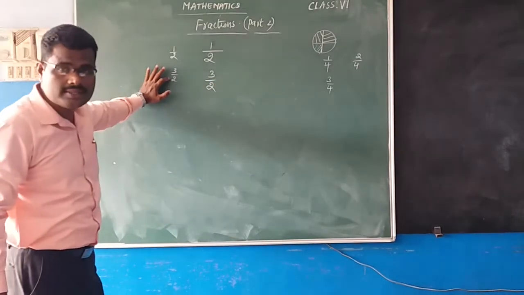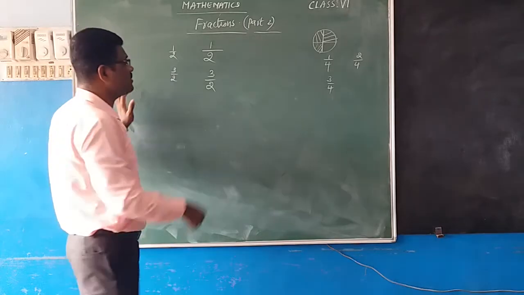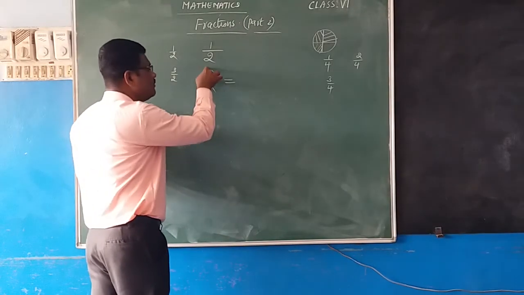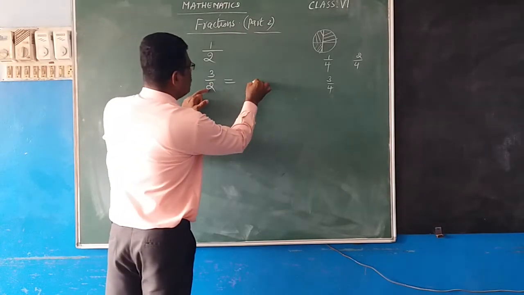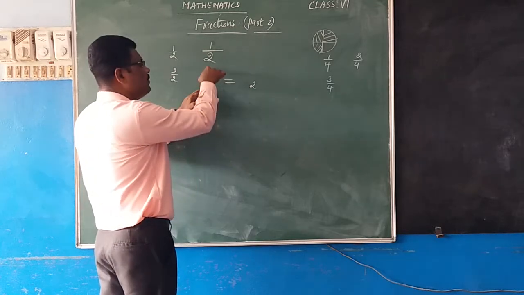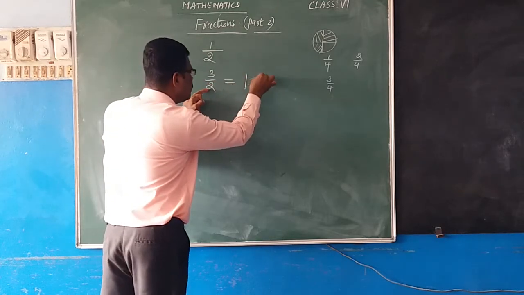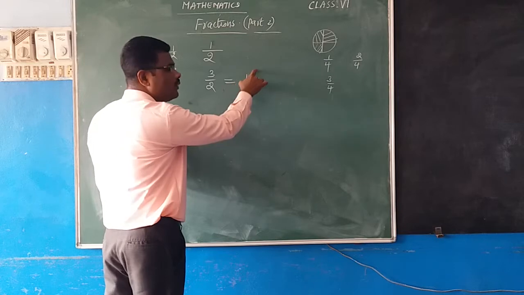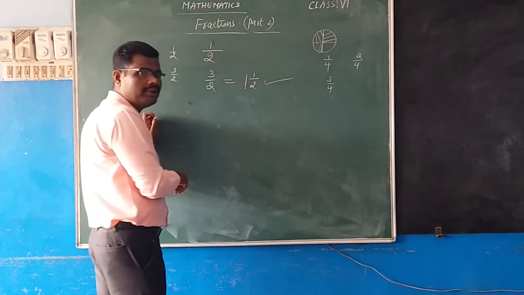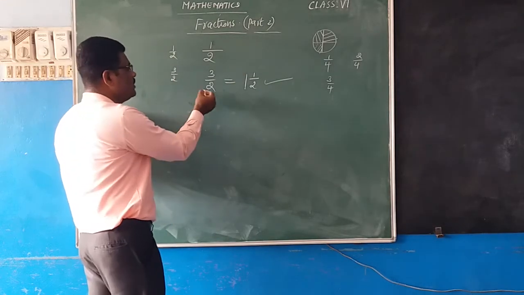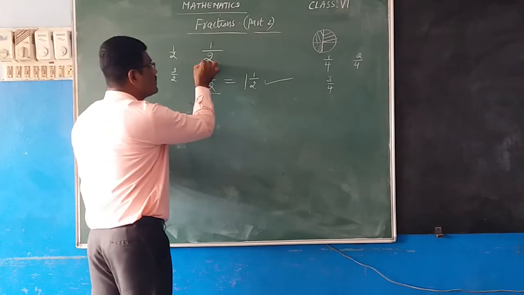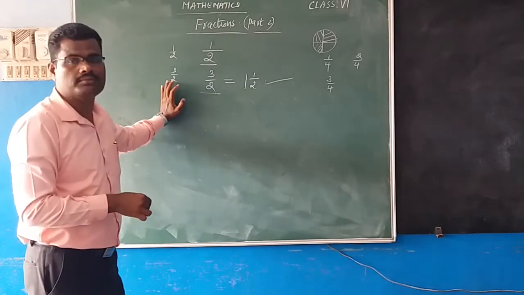The one more kind is mixed fraction. What is a mixed fraction? An improper fraction can be written in this form: the denominator is 2, you have to divide 3, one time, 1 is the remainder. So 1 1 by 2. This is called a mixed fraction. This is called an improper fraction. This is called a proper fraction.